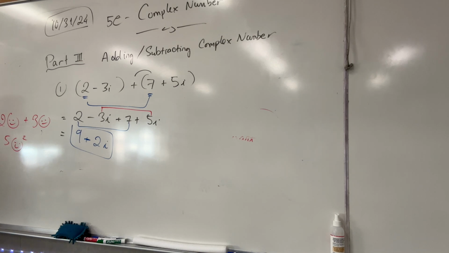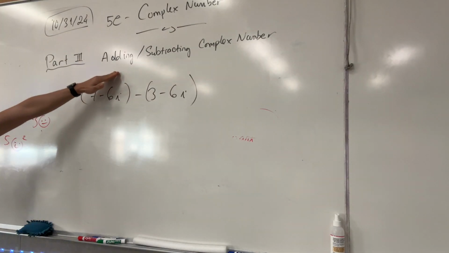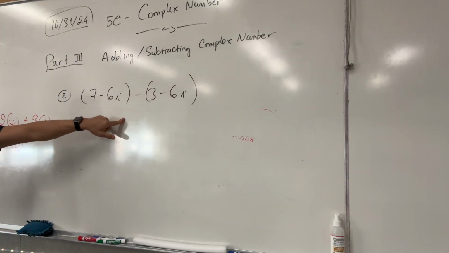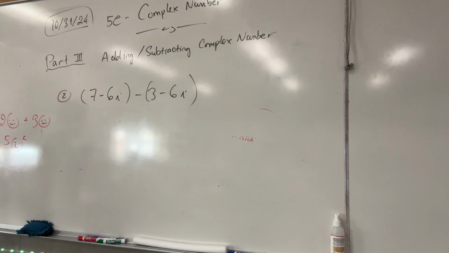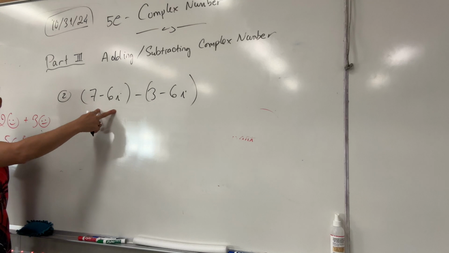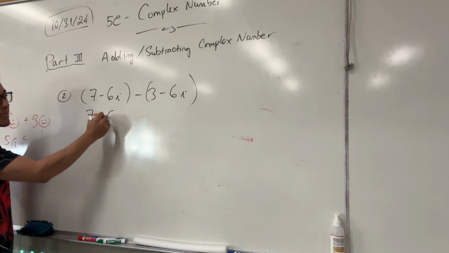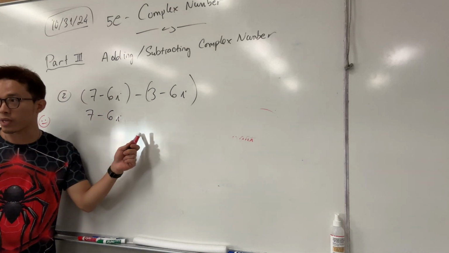Let's get the middle whiteboard. When you're adding and subtracting complex numbers, again, you need to get rid of the parentheses first, okay? So now look at the parentheses. The first one, you cannot take them out, okay? So 7 minus 6i. Now, this is the tricky part.